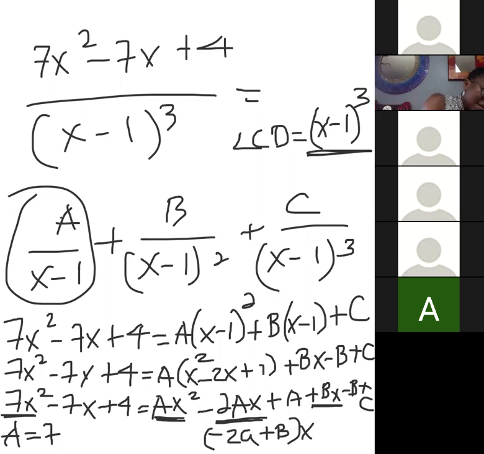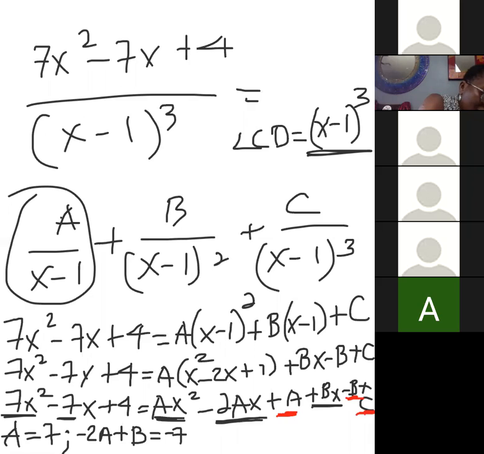So this means that negative 2A plus B will equal the coefficient of x, which is negative 7. That's the second equation. And then last but not least, guys, let me use a different color here so I can make this point. We have an A, a minus B, and a C. All of that will equal the constant term. So that's going to be A minus B plus C is equal to 4.